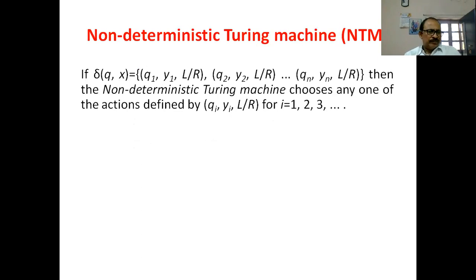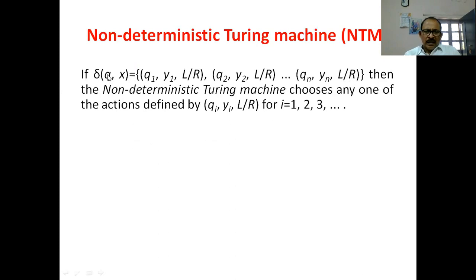Let us see how the transition function looks in the non-deterministic Turing machine. Delta of q, x is equal to {(q1, y1, L/R), (q2, y2, L/R), up to (qn, yn, L/R)}.